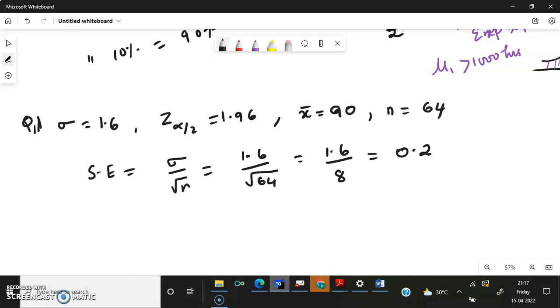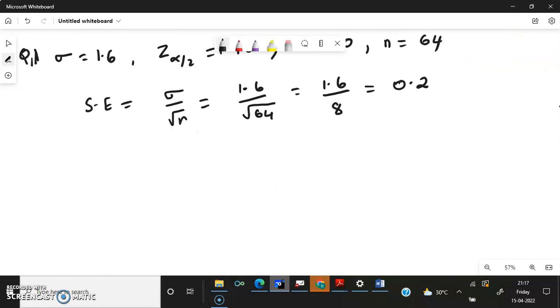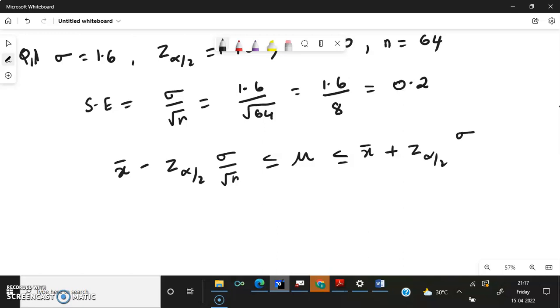What is the formula? We write the formula. The probability will be x bar minus z alpha by 2 sigma by root n less than or equal to mu less than or equal to x bar plus z alpha by 2 sigma by root n.